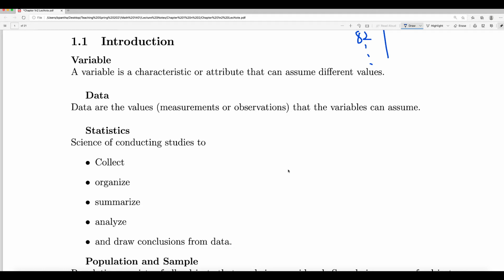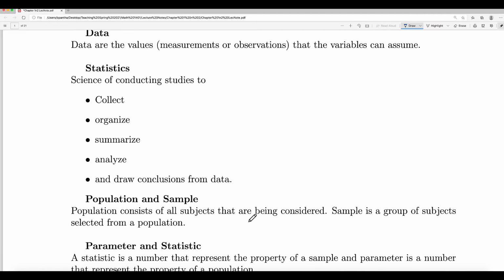Summarize means you find the average of the data or median or mode of the data, and also many other things, like the standard deviation of the data and so on. Then you analyze the data. Sometimes you compare two data sets. Sometimes you find a conclusion from the data, like we call inferential statistics, meaning you get the inference from the data, okay, and draw a conclusion from the data. That's what statistics does, okay.